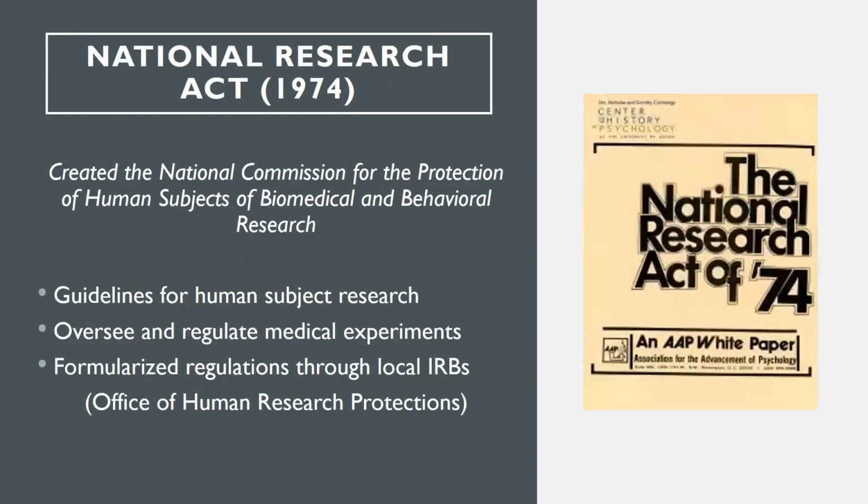Then in 1974, the National Research Act came out, and this was created by the National Commission for the Protection of Human Subjects of Biomedical and Behavioral Research. This had guidelines for human subject research, and it oversaw and regulated medical experiments. So this was the first time that IRBs started to come out, right? Because they needed to oversee it. They couldn't just say, these are some ethical principles that you need to follow.